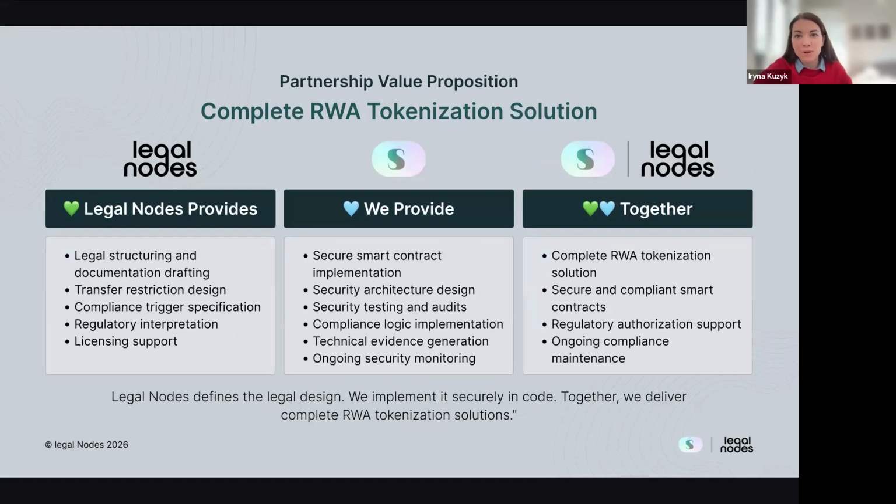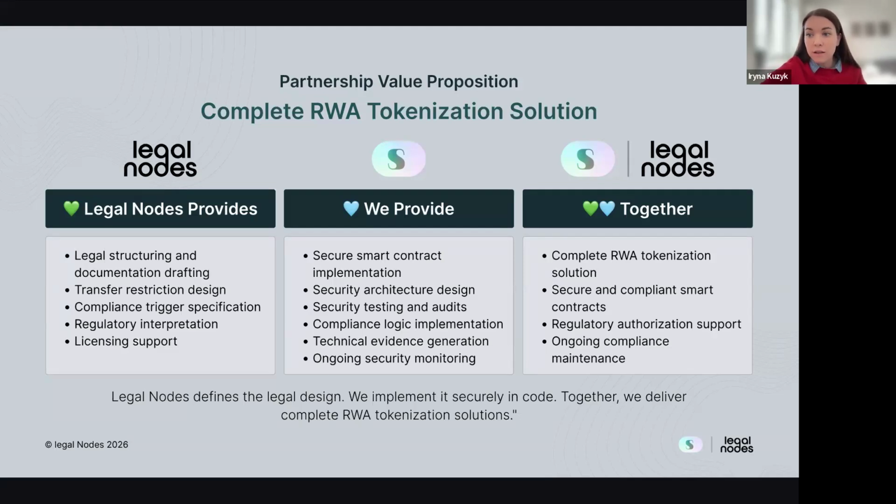Thanks, Joe. Amazing presentation, very detailed. So, what we often see is that projects either have a perfect legal side but lack accuracy in the technical implementation, or vice versa. And that's where most problems start. So, what we've built together with Sentinel Core is a fully integrated turnkey solution that bridges the gap between legal and technical implementation.